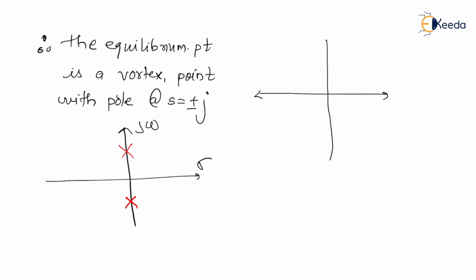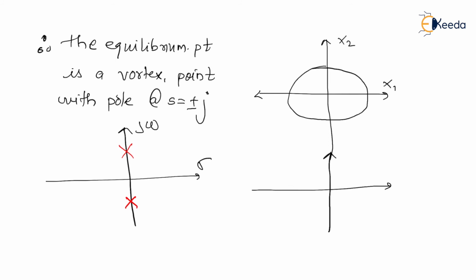This is my x1, x2 trajectory, an oval shape. Further, this is my z1, z2, it will be a circle.